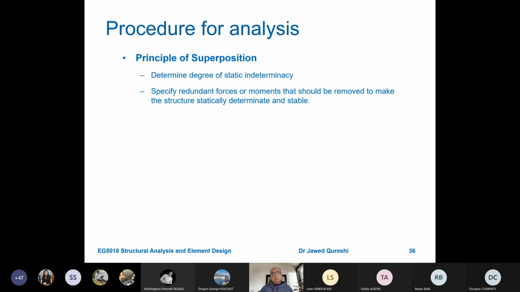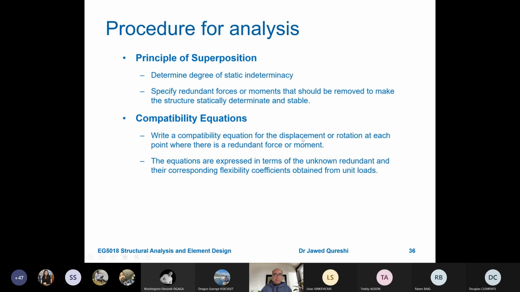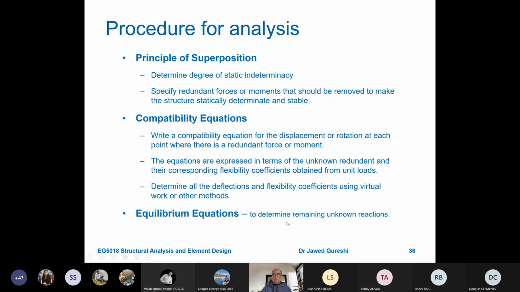It can't be unstable. And then you work out displacements at those positions. Then you have to work out compatibility equations for displacement or rotation at each point. The equations can be obviously expressed in terms of unknown redundants and determine all the deflections. And then equilibrium equations to determine unknown reactions.